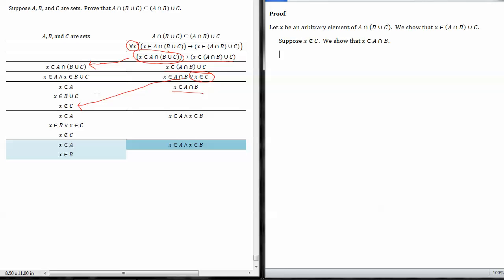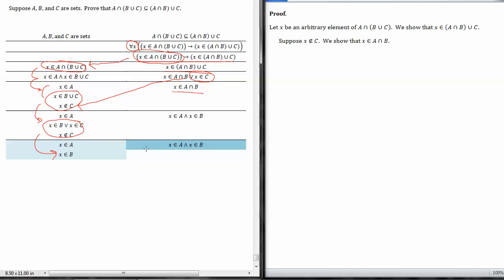Now, what's been happening on the given side, right? We're going to want to combine these, which become these, right, by disjunctive syllogism again to get x is in B. Okay, but where did x in B union C come from? Well, that was from up here, right? We wrote the definition of that, and then it gave us those two statements.